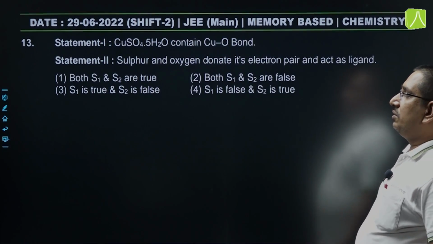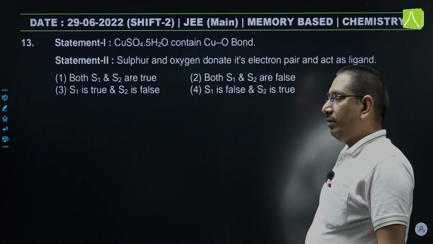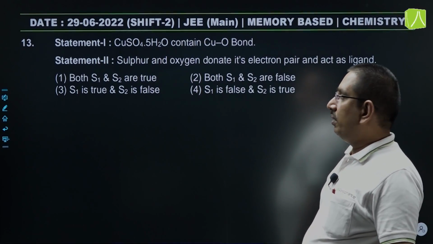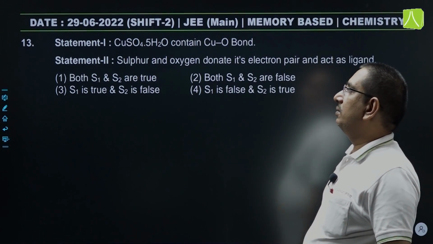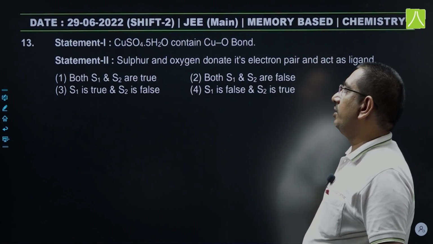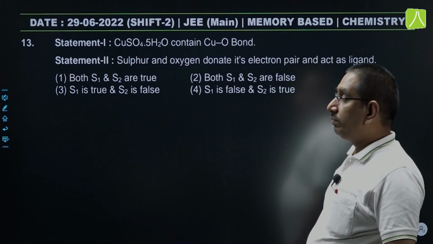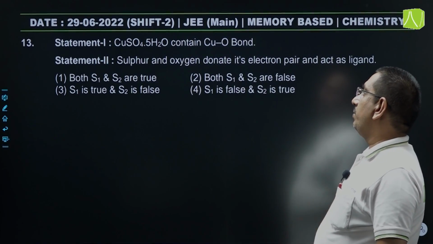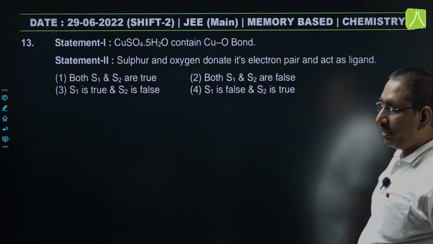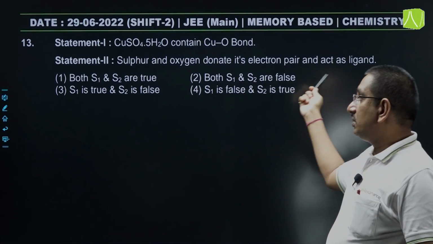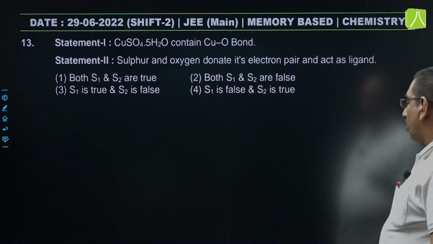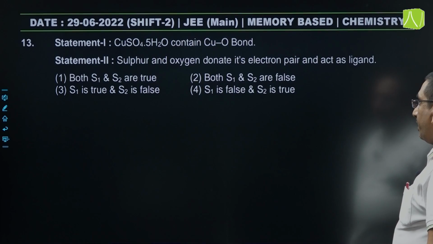Next, this is the question from, you can say, chemical bonding or D block. First statement, CuSO4·5H2O contains Cu-O bond, yes, correct, and sulfur and oxygen donate their electron pair and act as ligand, that is in sulfate ion, sulfur and oxygen donate their electron pair and act as ligand.